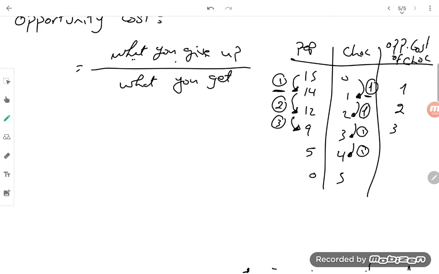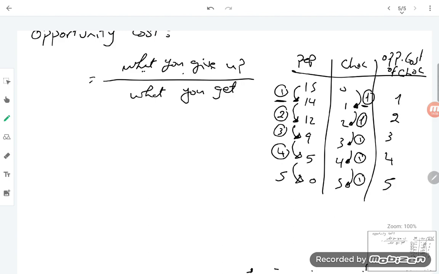So you are going to increase production by 1 unit, and you have to give up 4 units, which is 9 minus 5. So it's 4 divided by 1, 4. And now the last one, you are going to increase production by 1, and you have to give up 5 units. So the opportunity cost is 5. So this is the idea of opportunity cost. Opportunity cost is the slope of the PPF.